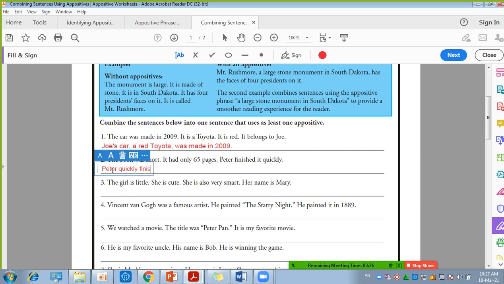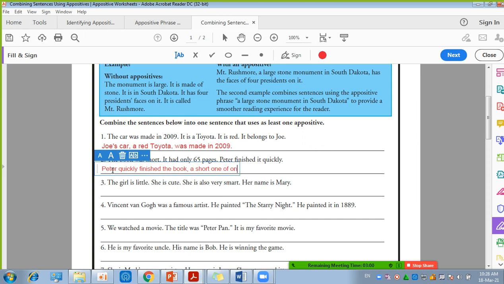Peter quickly finished the book, right? And then the comma. Peter quickly finished the book. This is here for me a complete sentence, and I can stop here. The non-essential part and the extra information is about the book. What is it?